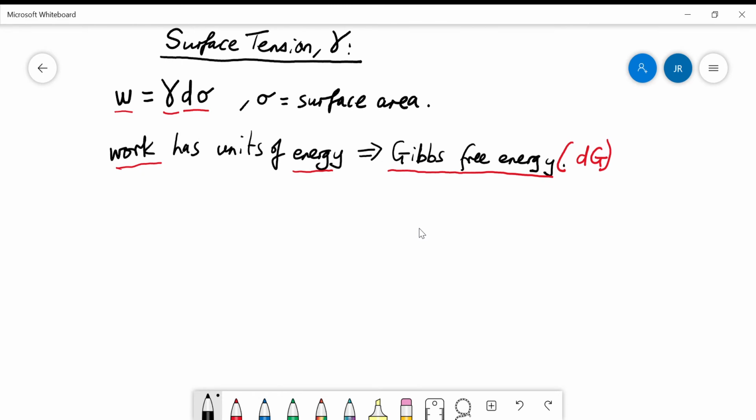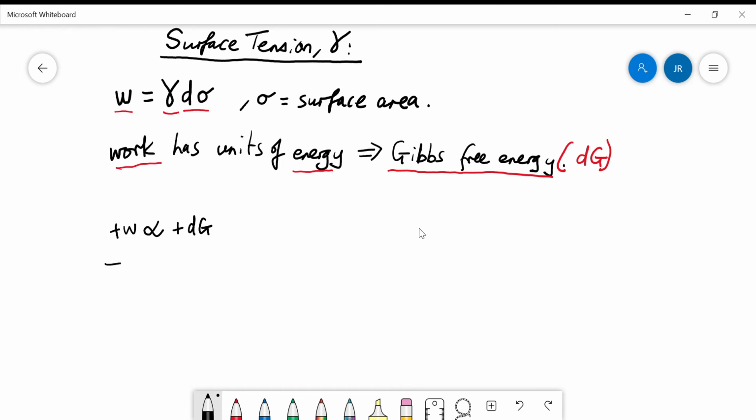We can therefore say that positive work, because you can do work on something or something can do work on you, but positive work is proportional to positive change in Gibbs free energy in terms of units at least.